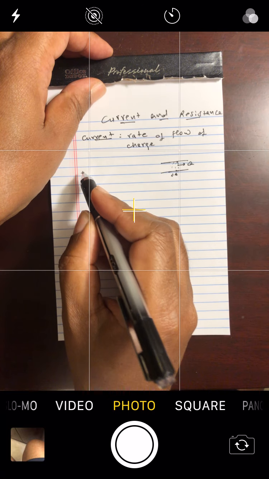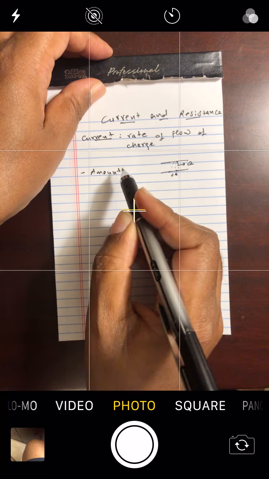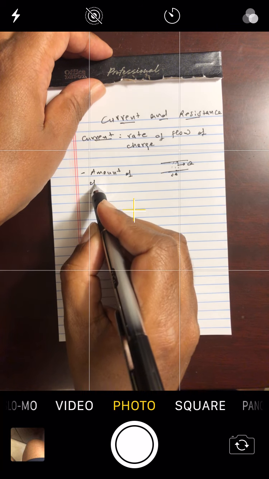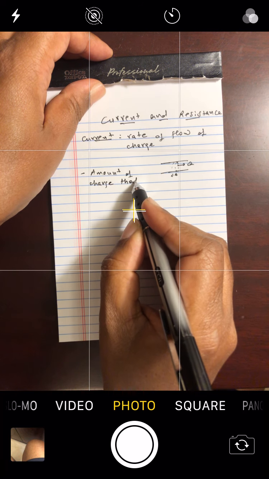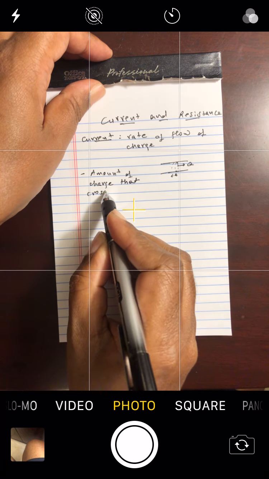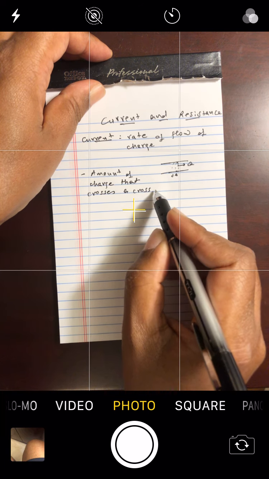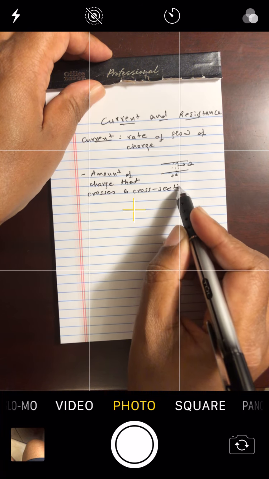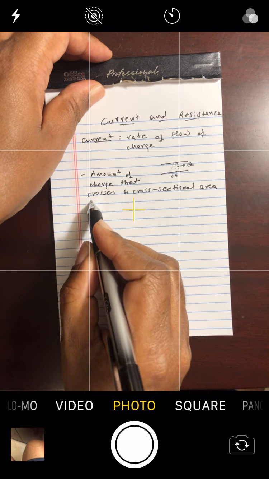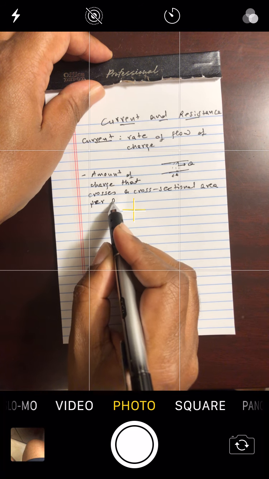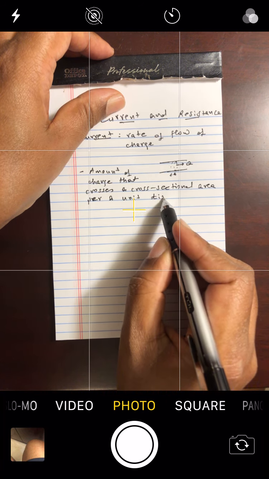So you can say this is the amount of charge that crosses a cross-sectional area of a wire per unit time.